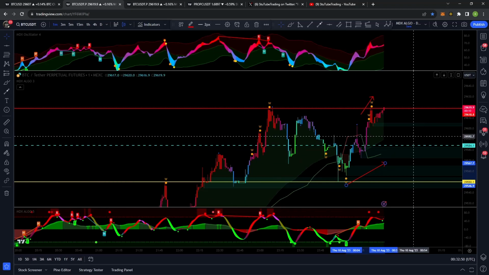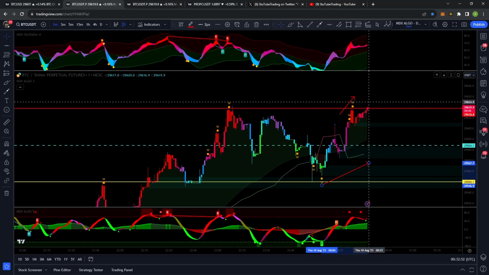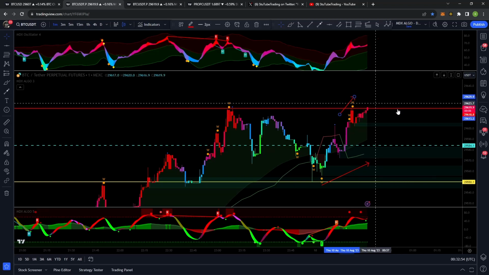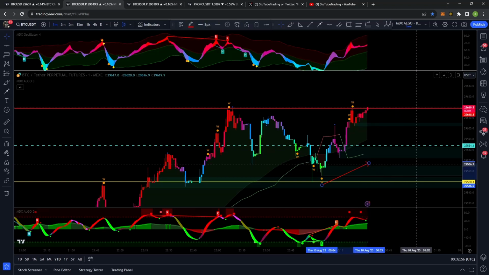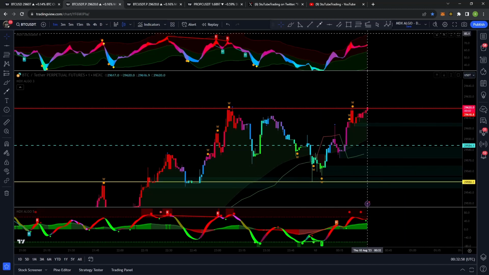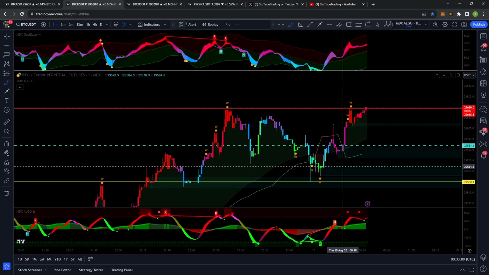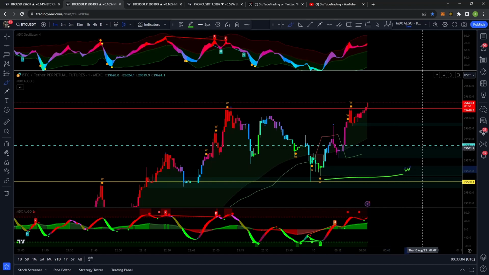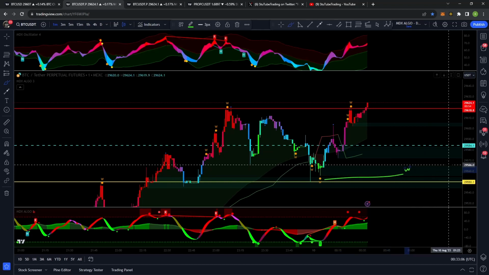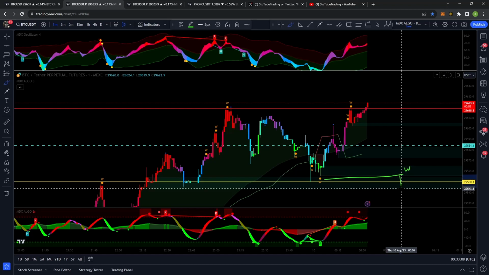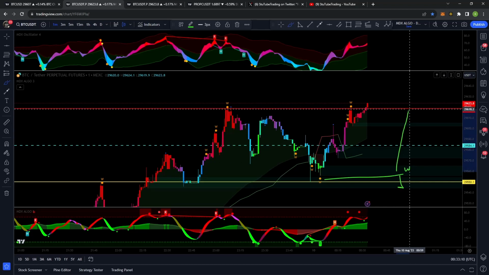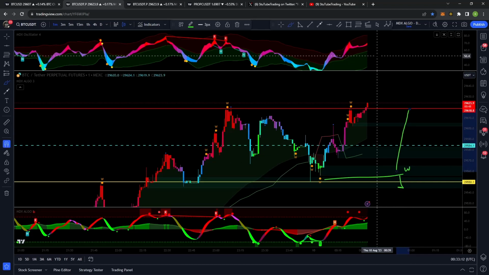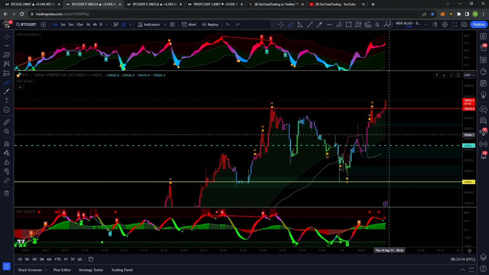That can be a very nice position to be in, because even if you take the loss, it's so minimal compared to the potential gain if you get that higher W. Again, just a perfect setup: your stop loss very tight, potential gains much bigger. So it's a very nice strategy for that.